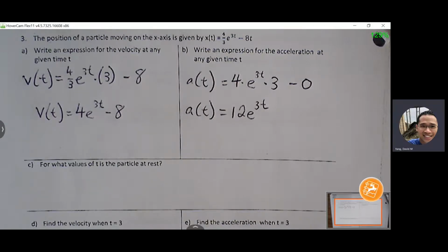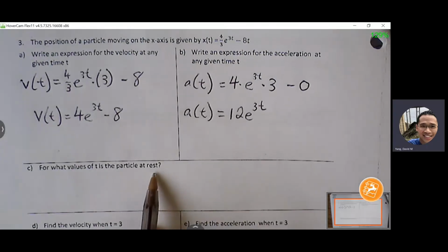Okay, for part C, for what values of t is the particle at rest? How do we approach that? Yeah, velocity equal to 0, right? Rest means motionless. Motionless means velocity 0.